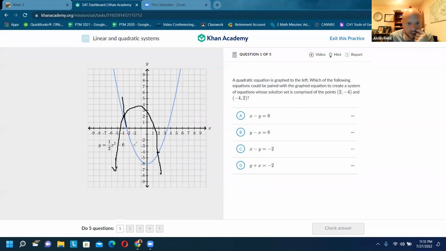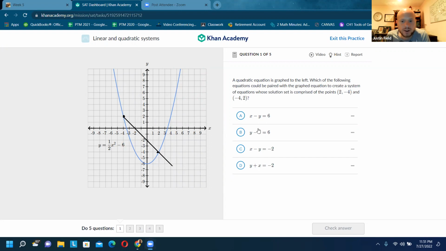Suppose it could be like that somehow. But we're talking about a line. So we want a straight line. Let me use my line tool. So hey, this makes it a little bit easier.